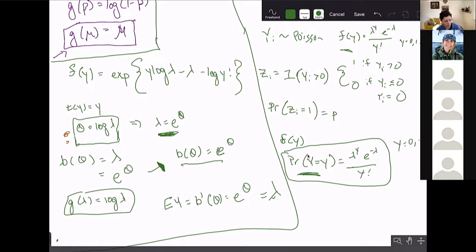And so from this equation, we can calculate pretty easily the probability that y is equal to 0, by plugging in 0 for y in this right-hand side.